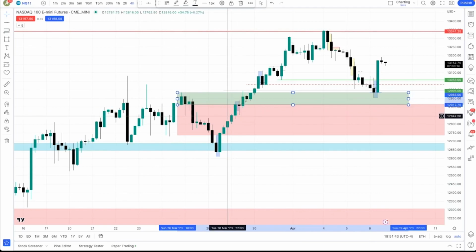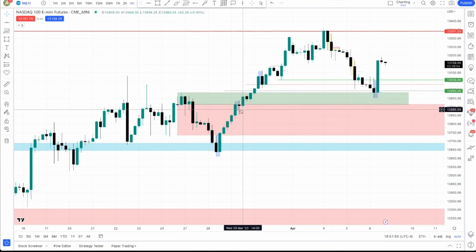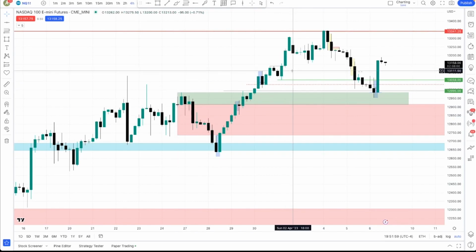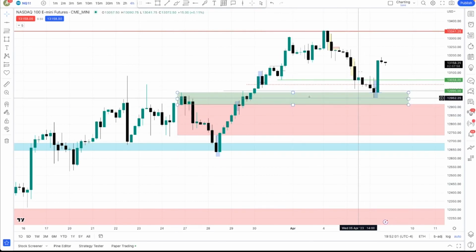And sometimes you want to see a fair value gap with the breaker. That's typically the pattern you see, but it's not always going to have that with these higher time frames. So here's our area of interest, right? We want to see price get into here. This would be ideal.